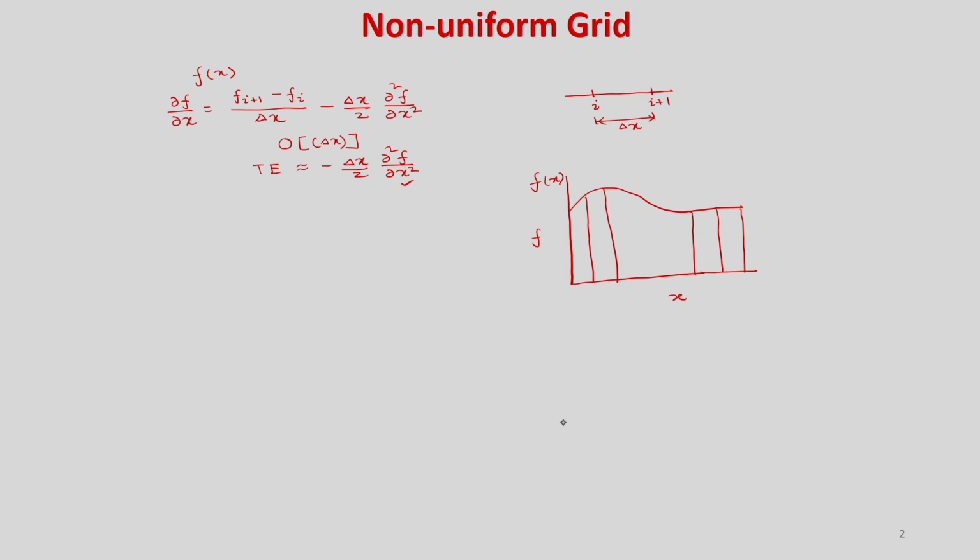To have uniform error in the domain, you can use very small delta x where you have larger gradients. So you use a very fine mesh where delta x is very small.